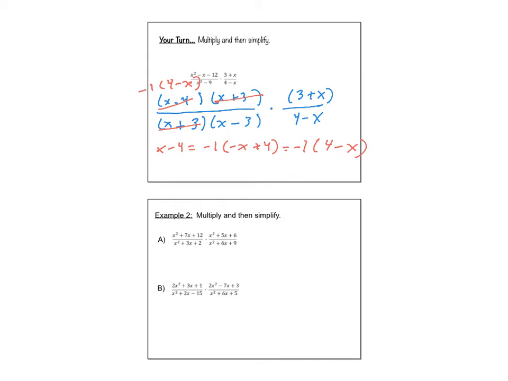And then notice what happens here is this 4 minus x and this 4 minus x can cancel out. So we're left here with negative 1, and I'm going to reverse the order of this 3 plus x. I'm going to write it as x plus 3, although you could write it as 3 plus x.